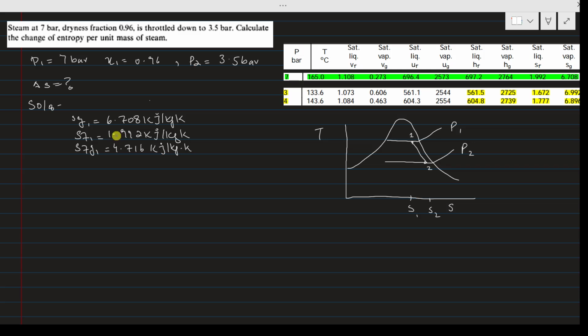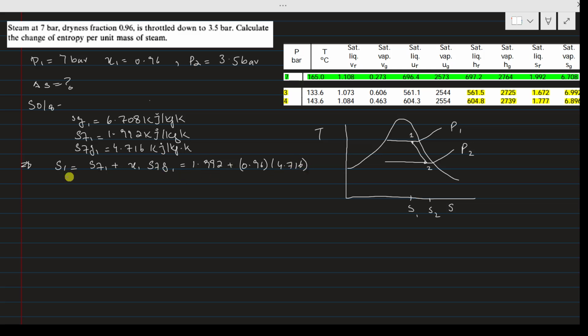Next we need to find the entropy at state point 1, because we are interested in the change in entropy. So S1 will be equal to Sf1 plus x1, the dryness fraction, times Sfg1. After putting in the values, Sf1 is 1.992 plus dryness fraction 0.96 times Sfg1, that is 4.716.